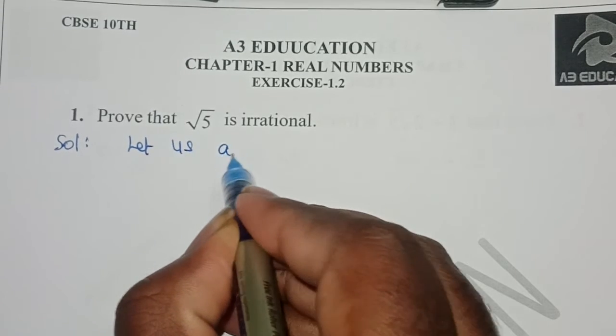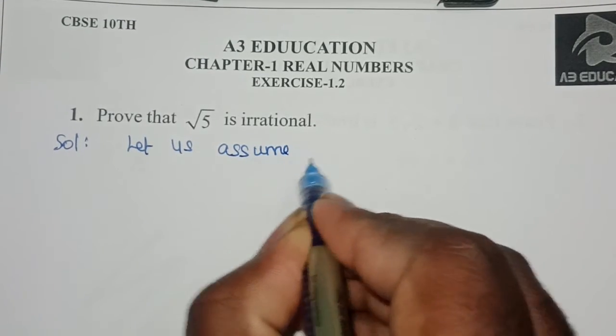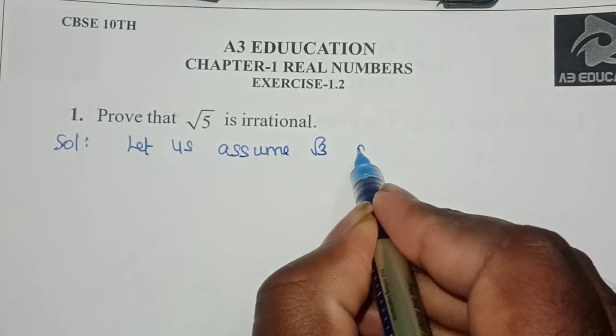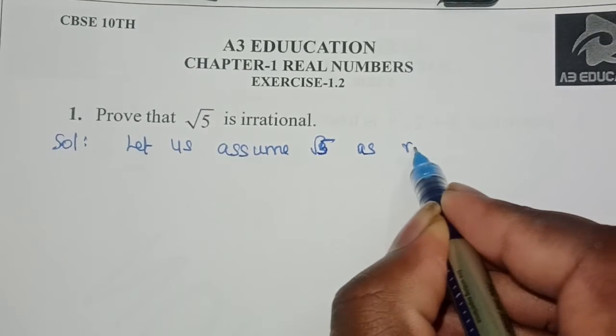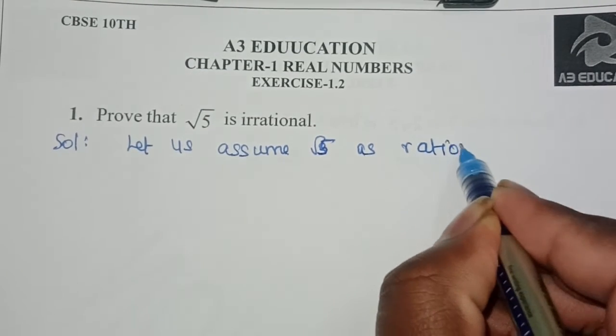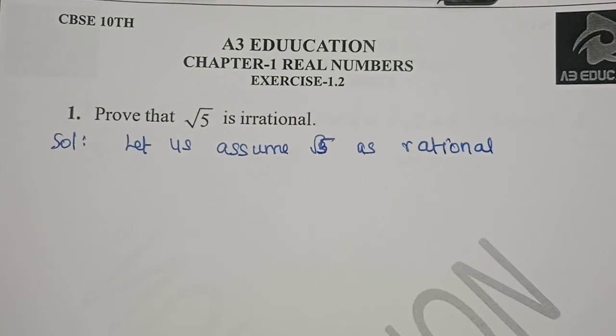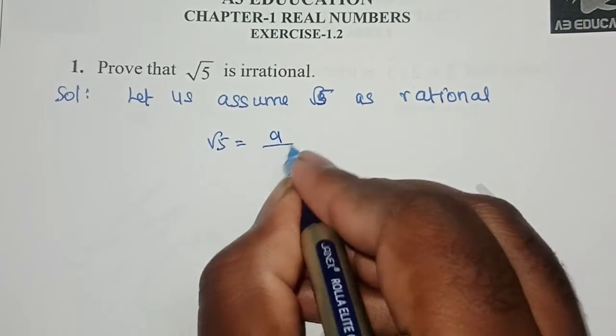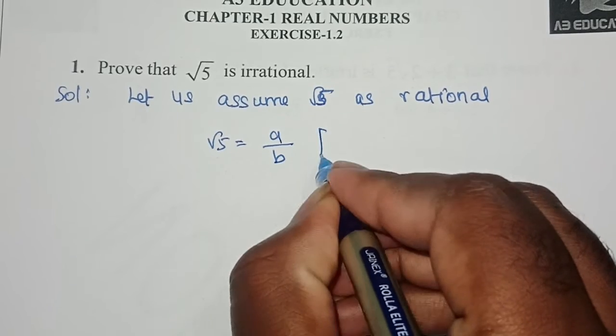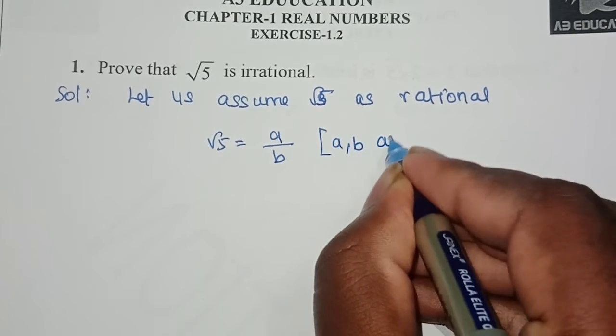Let us assume root 5 as rational. Therefore a rational number will be in a by b form. Here a and b are integers.